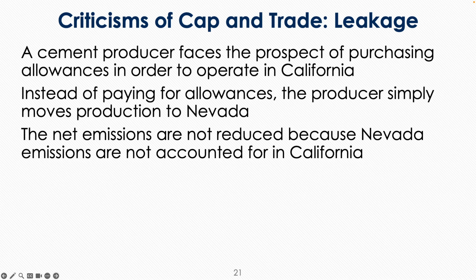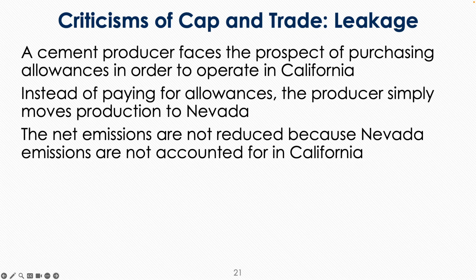So instead of paying for allowances, they're going to say, okay, I think it's better for our business to just move to Nevada. I'm just going to produce the cement there and then bring it in, so that the emissions my business is producing won't be counted against me, because we're only being enforced for emissions activities that are happening in the state.